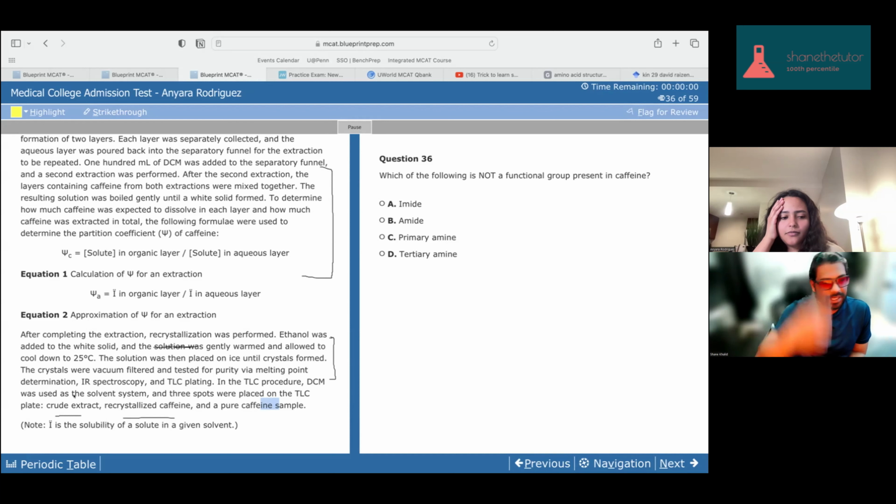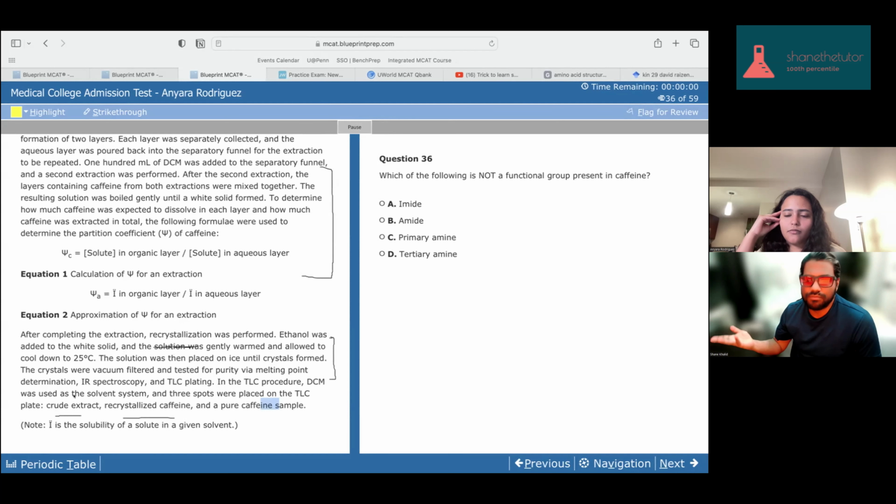The crude extract should be the least pure. The recrystallized caffeine should be more pure. And the pure caffeine sample could probably be the positive control. Well, depending on what you're looking at, it could be positive or negative, but I think they didn't mention the pure caffeine being an experimental thing. So I think that's just the theoretical pure caffeine.